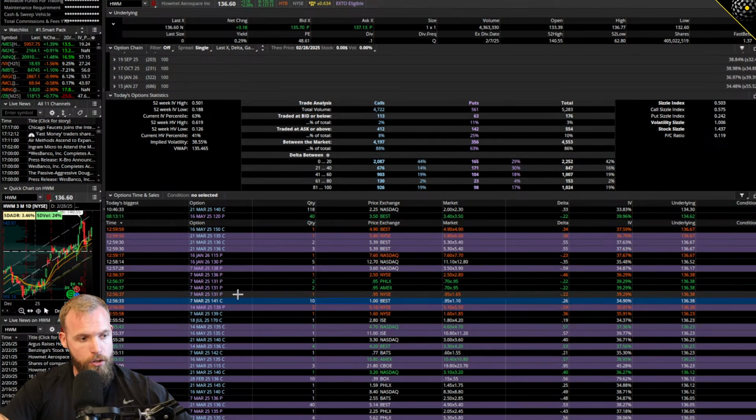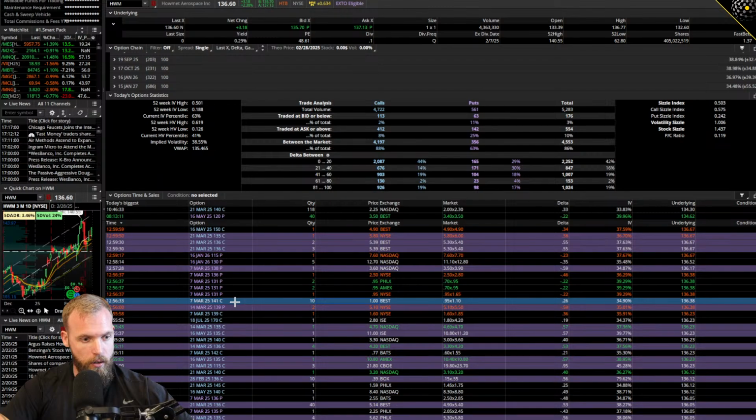The 7 March 141 calls here traded at $1. The market at the time was 95 cents by $1.10. What is this closer to? That's closer to 95 cents. More likely than not it occurred towards the bid. So you can make an educated guess that those were probably sold.